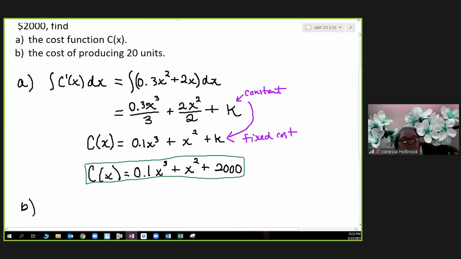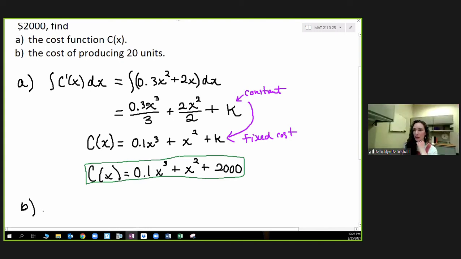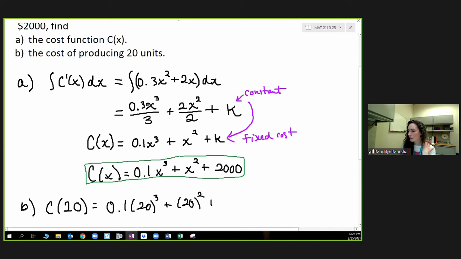So yeah, part B, we are looking for the cost of producing 20 units, which is something we've done before. So we're just taking that cost function we just found and plugging in the 20.